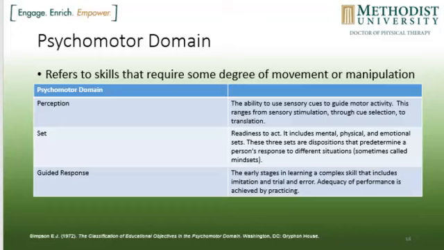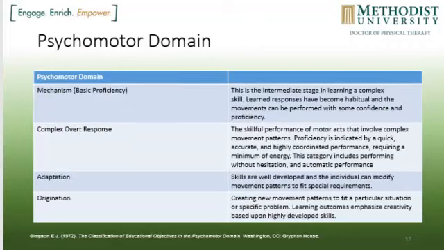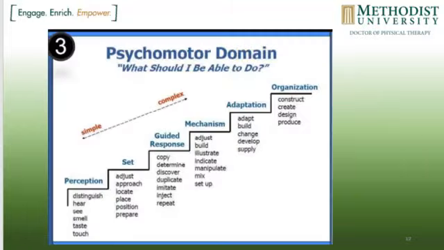So a progression for the psychomotor domain starts with perception, then set, a guided response, basic proficiency, complex overt response, adaptation, or origination. So creating something new would be the highest of the psychomotor domain. Here's another view of taxonomy.